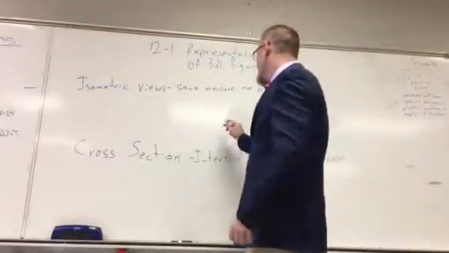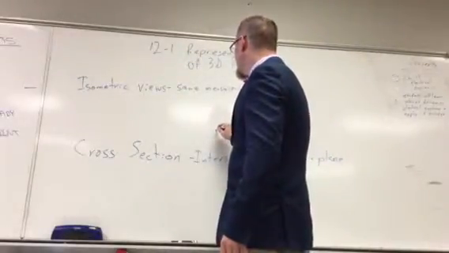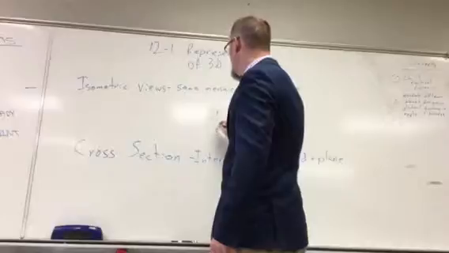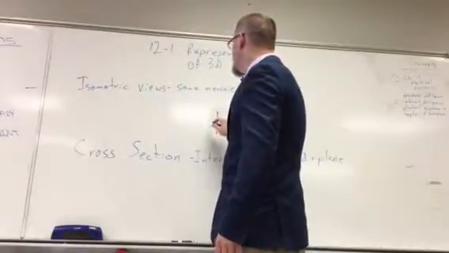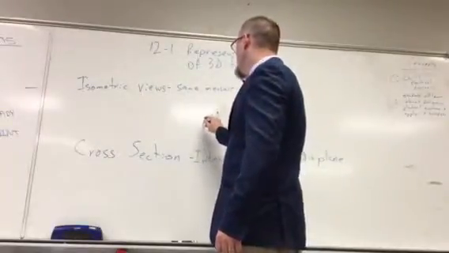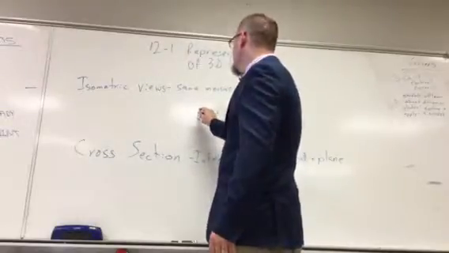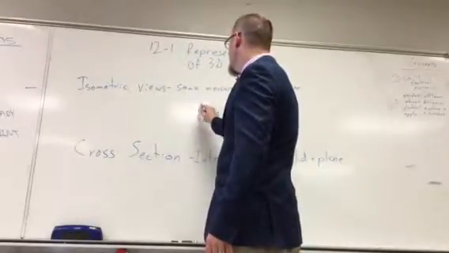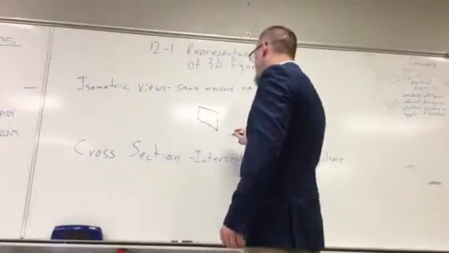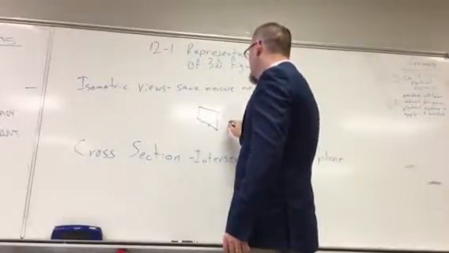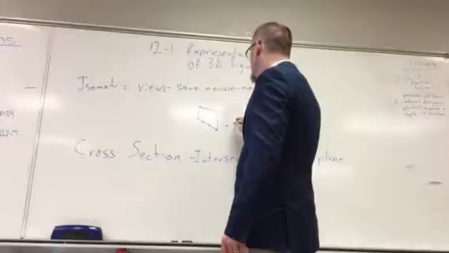So if we have a rectangle and it's supposed to have a height of 2, we make that height 2. And if it has a width of 3, we go 1, 2, 3, and here's my 3. And then we'd have a height of 2 again. Since this is a rectangular prism, we'll give it a third dimension of 4.